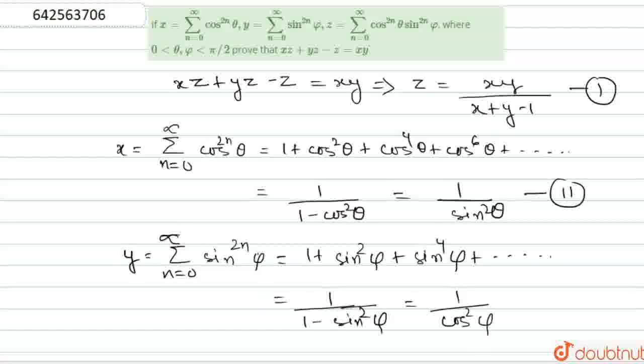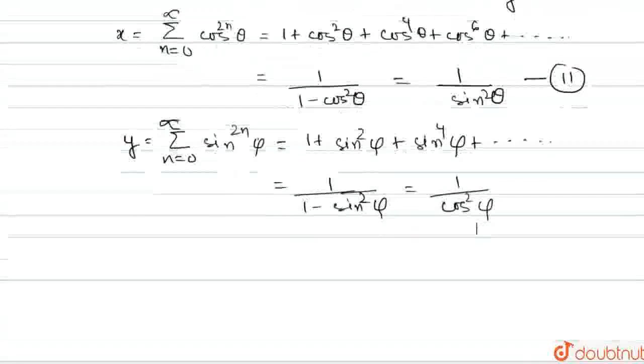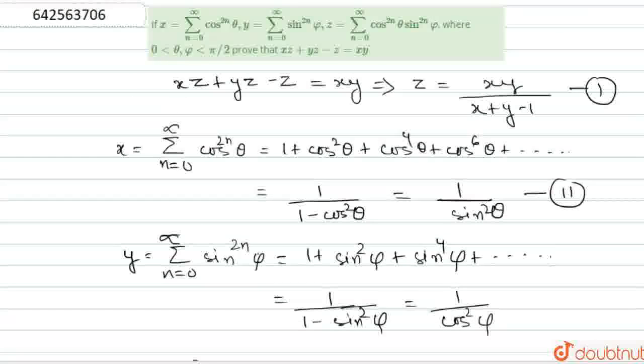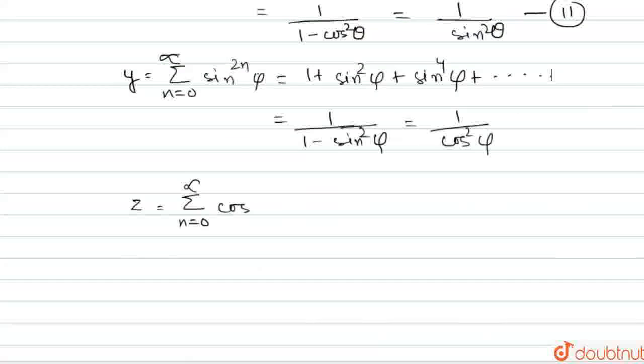Now z is given as summation from n is equal to 0 to infinity cos to the power 2n theta into sin to the power 2n phi.